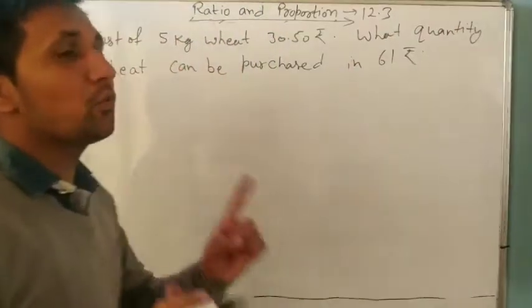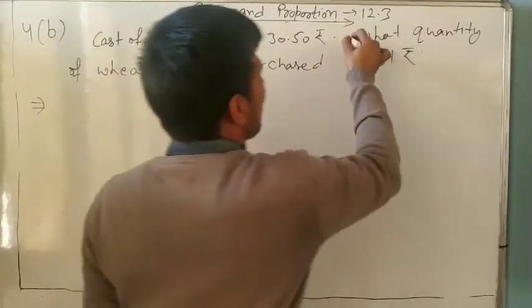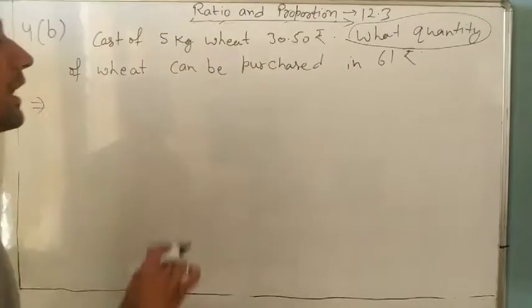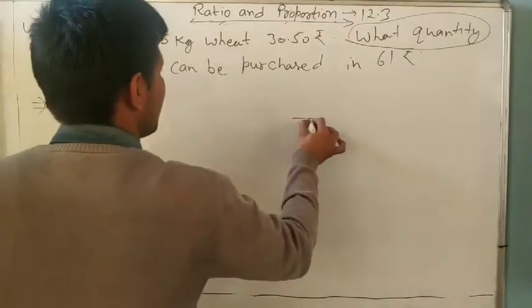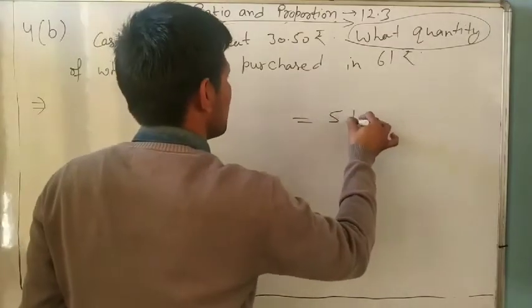So always first we will check it, dear: what we want to find? We want to find what quantity. So quantity we will write after the equal sign. After quantity, 5 kg, so we will write that.